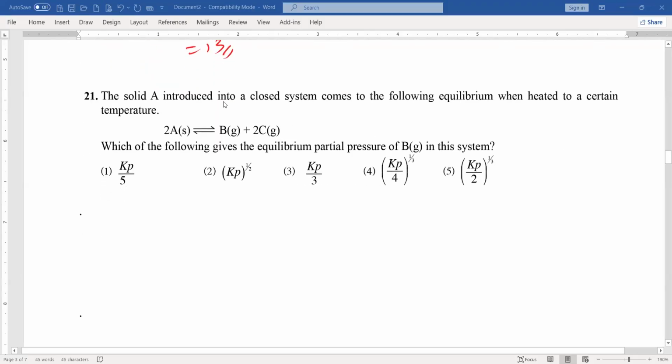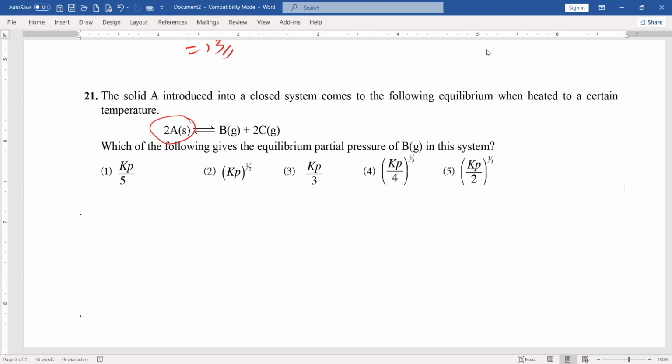Solid A introduced into a closed system comes to the following equilibrium when heated to a certain temperature. This is solid. Wherever you find a reversible reaction, the first job is checking the physical state of each and every component.